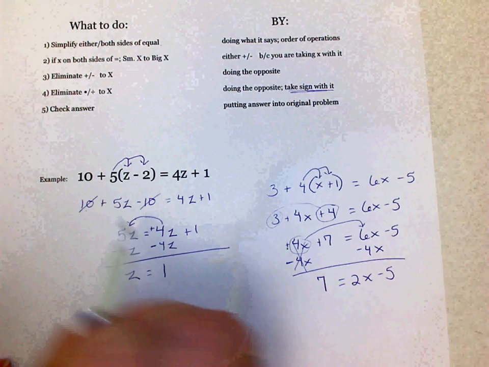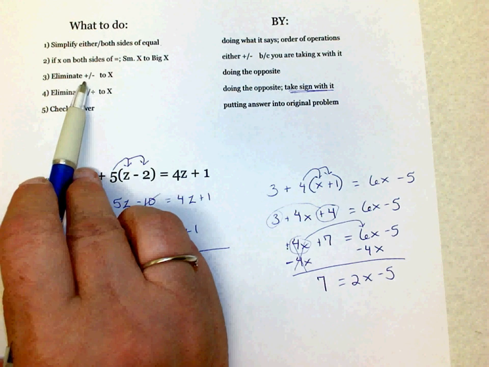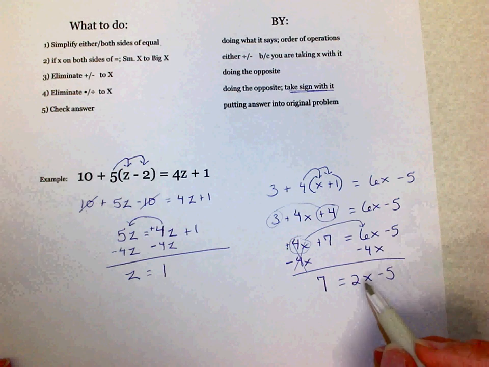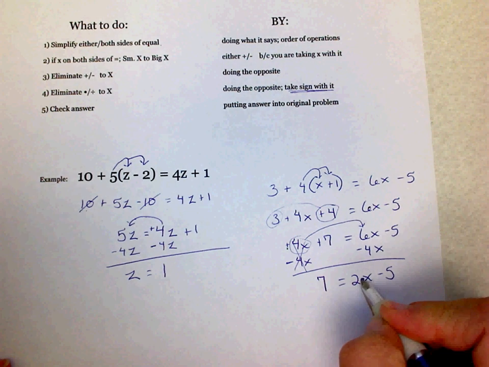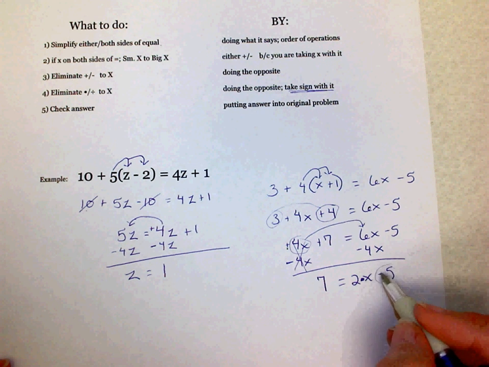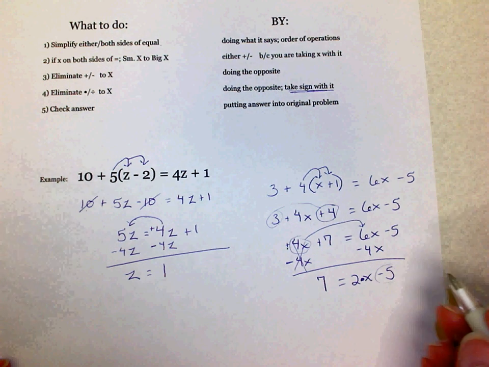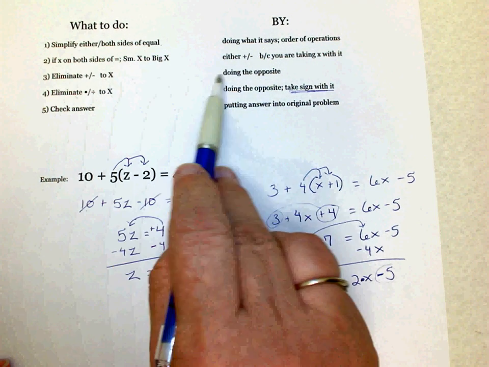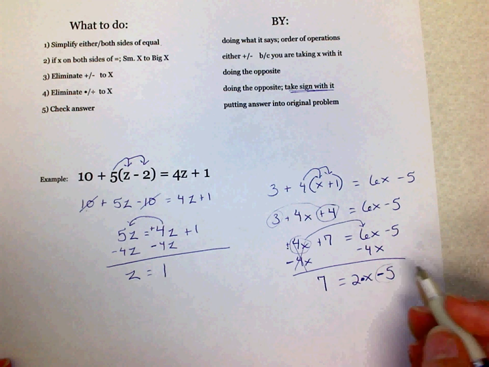Now, eliminate whatever's added or subtracted to the x. Well, 2 has been multiplied and 5 has been subtracted. The opposite, because that's what it says right here, do it by doing the opposite.